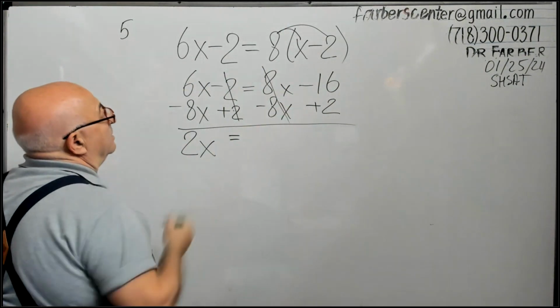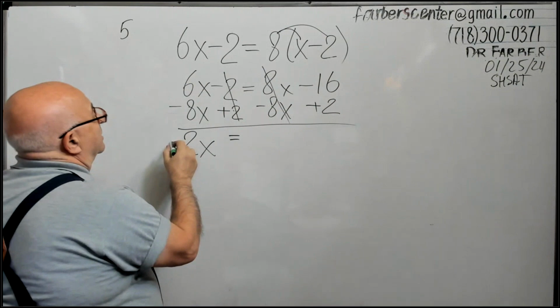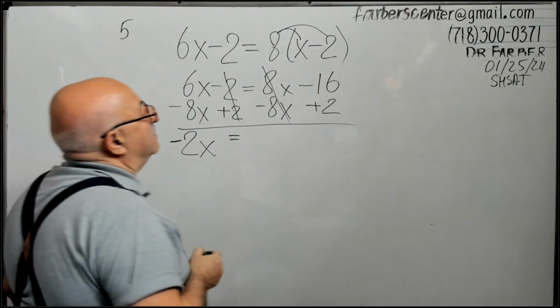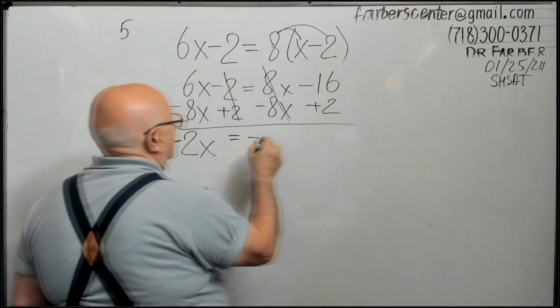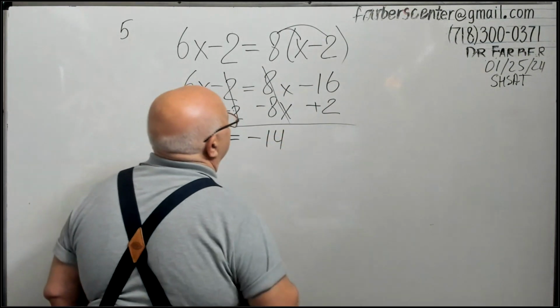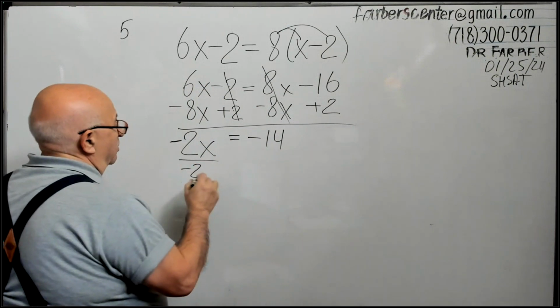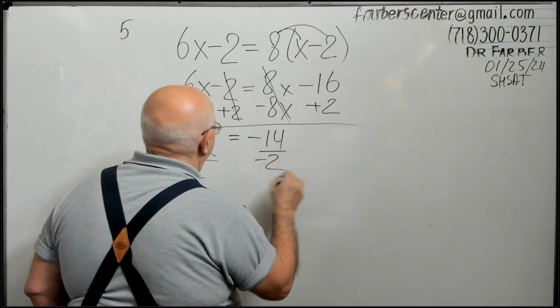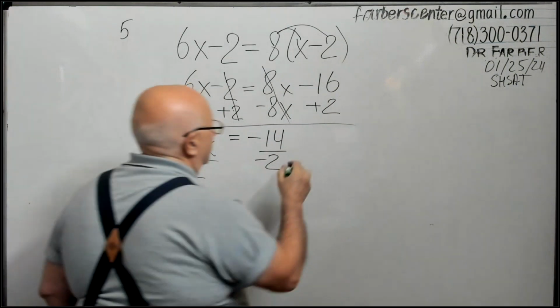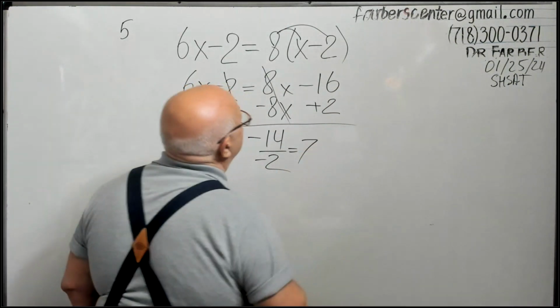Negative 16 plus 2 is negative 14. We started with negative numbers. Divide by negative 2 both parts. Cancel out. Equals 7.